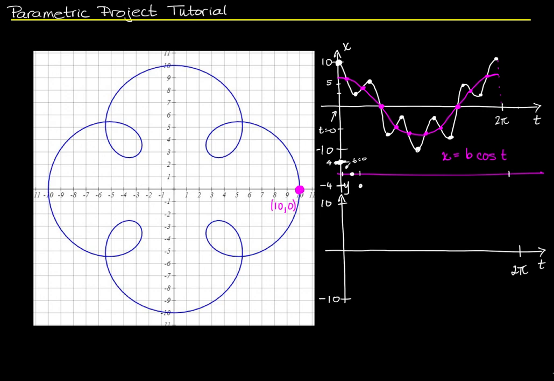Actually, let me see if I can line that up a little bit better. What I'm doing right now, I looked at this point, which is 4 units below. Now I'm going to look at this point, which is 0 units above or below the pink line. I'll just put it there, 0.